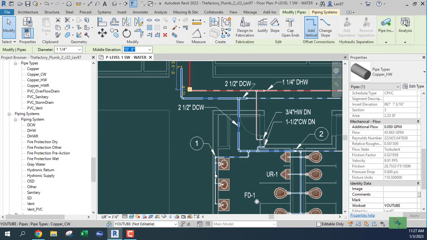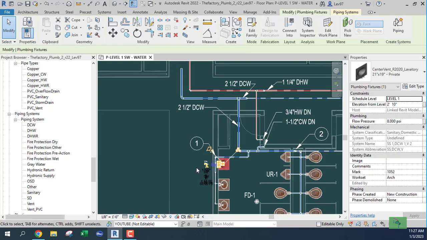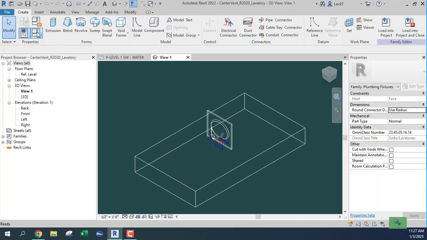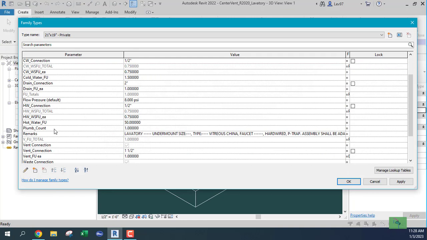Let's go to another extreme case for the hot water side again. So let's change the hot water and the cold water. I'm going to make this 100.